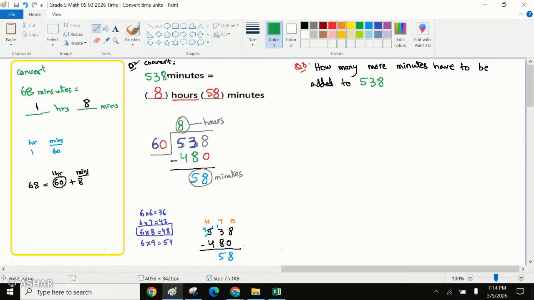How many more minutes have to be added to 538 minutes to find complete hours?